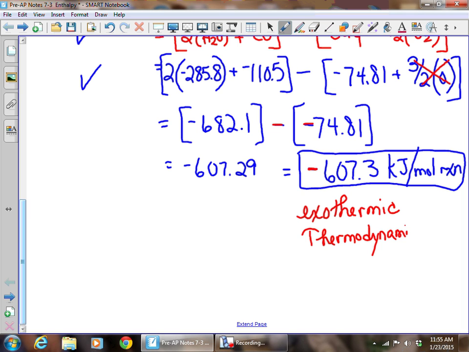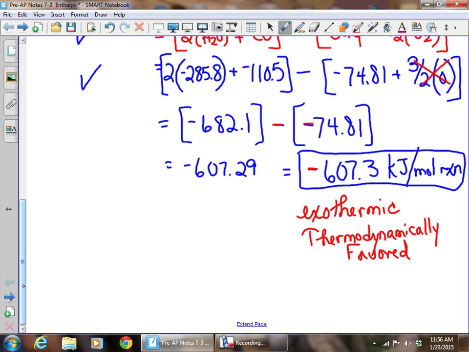And in AP, we add some more to this and start talking about the disorder of the system and how that also affects reactions. But at Chem 1 level, we just want to look at the enthalpy of the system. So this is exothermic, thermodynamically favored.